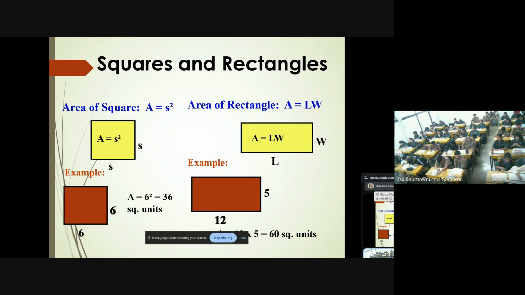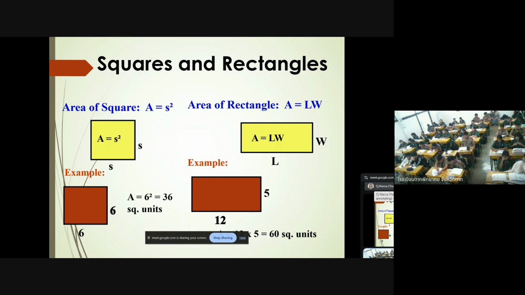All right. So guys, in getting the surface area, remember, we have different types of prism. We have cube, which is all sides are equal, the square.